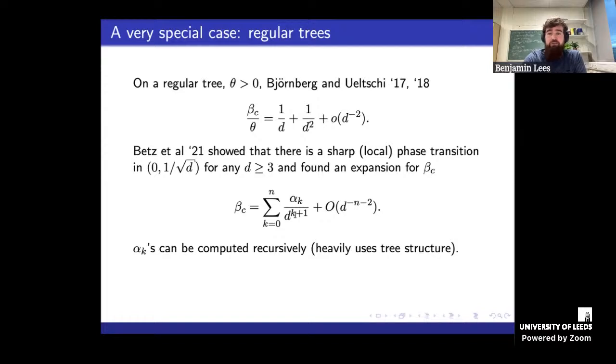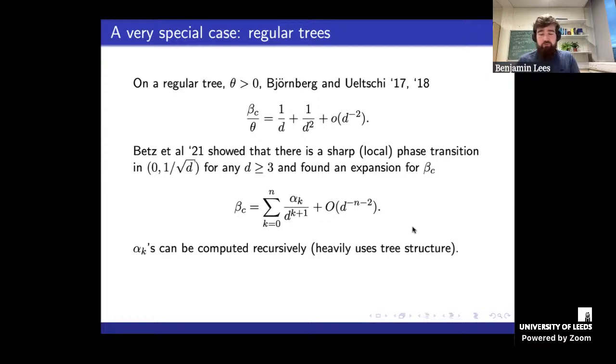So not just an asymptotic statement, but a little bit more, albeit with an inaccuracy of order 1 higher in 1/d. This heavily uses the tree structure, and it seems there's very little hope of getting this to work for any other case, which is a shame, but we shouldn't look a gift horse in the mouth.